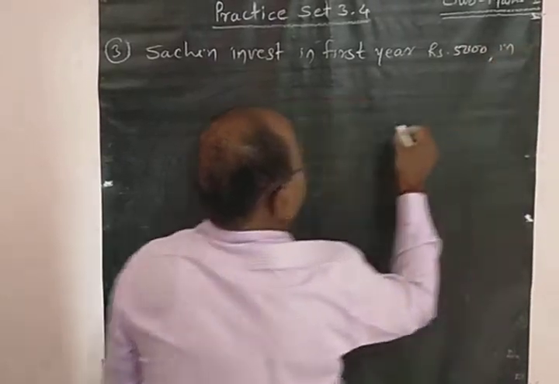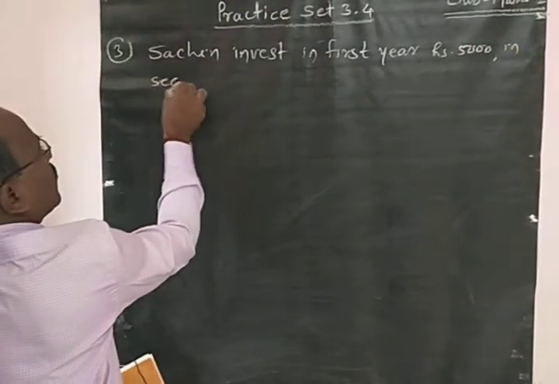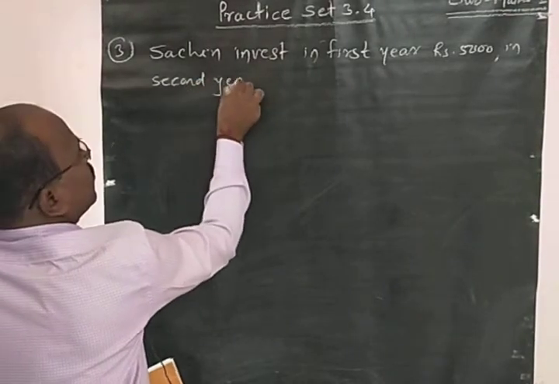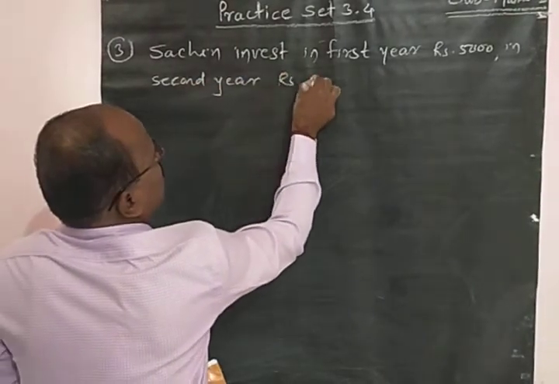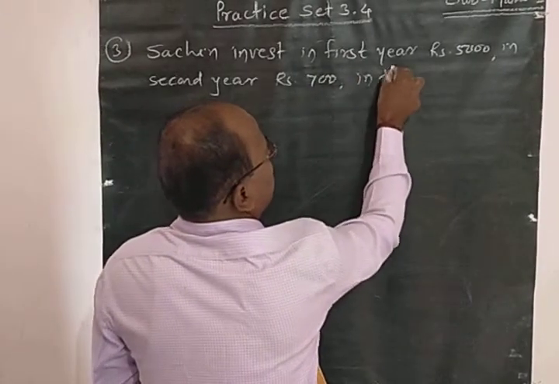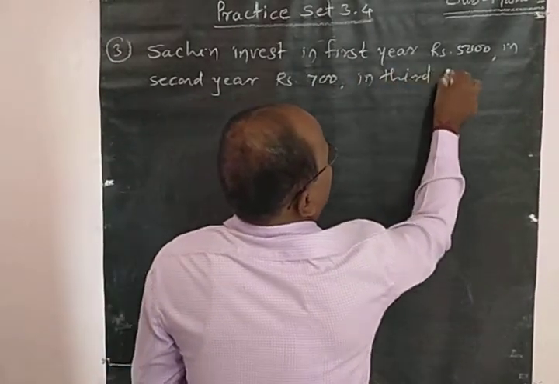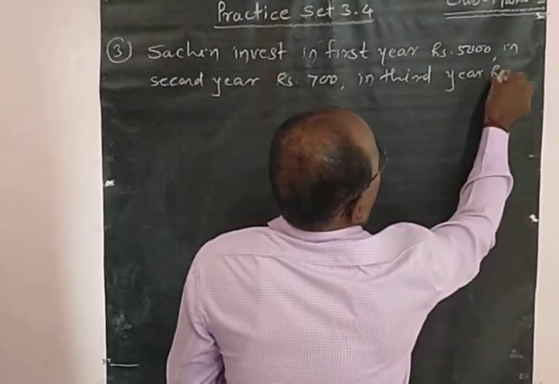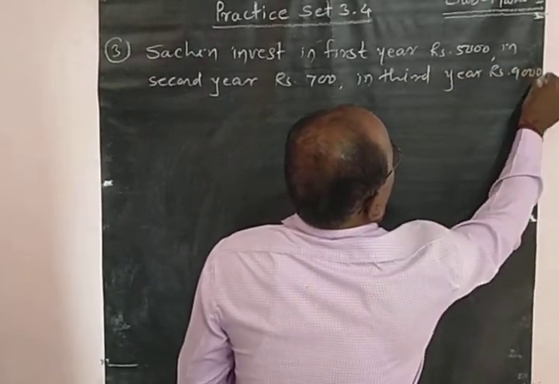In the second year rupees 7,000. In the third year rupees 9,000, and so on.